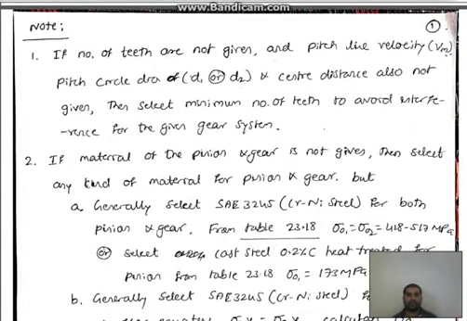Now we take some notes. First, if number of teeth is not given, and pitch line velocity or pitch circle diameter and center distance are also not given, then select the minimum number of teeth to avoid the interference for the given gear system.